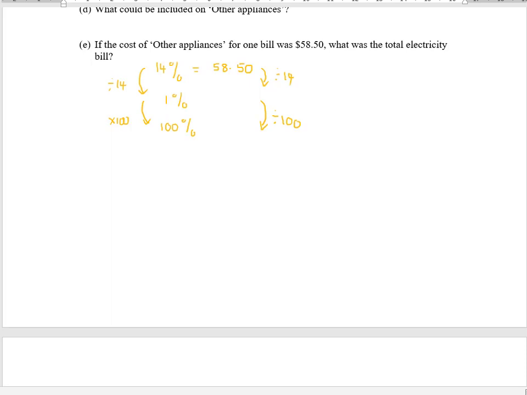So if I do all of that, 58.50 divided by 14, times by 100, what I get is 417.857, etc. And we need to round this to 2 decimal places because money all has 2 decimal places. So that's $417.86.